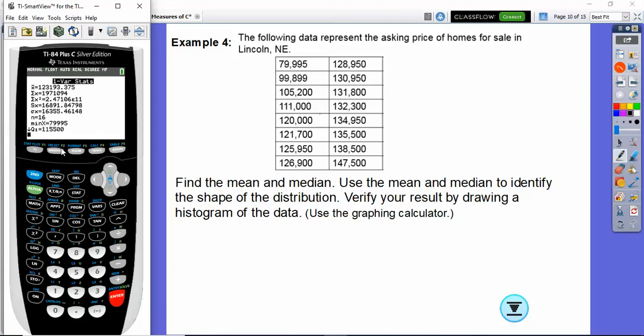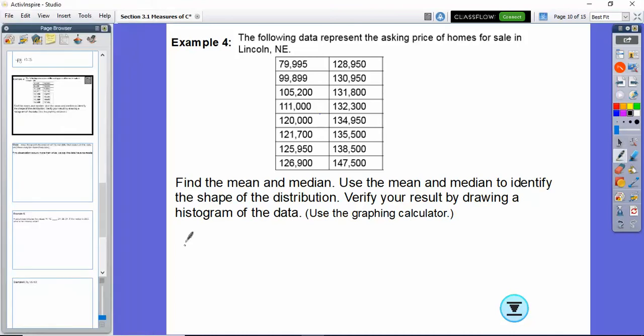And then it brings up a list of data for me. Something's off. Did I type one of my points wrong? Okay. I guess that is right. Never mind. So, if I wanted the mean, which one is my mean? Mean is x-bar. So that's 123,193.